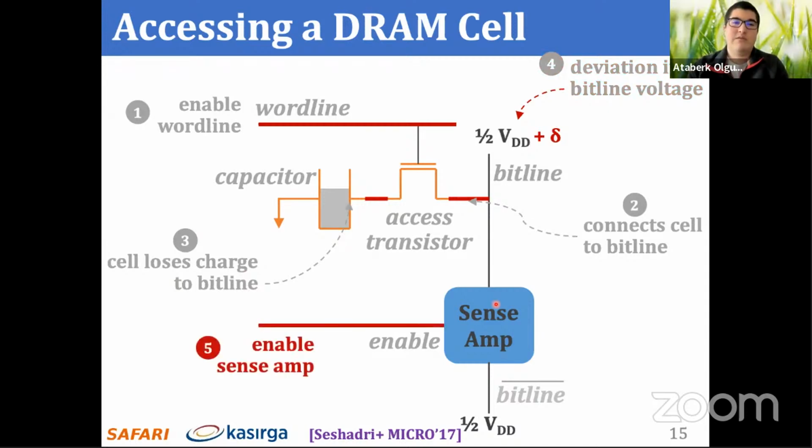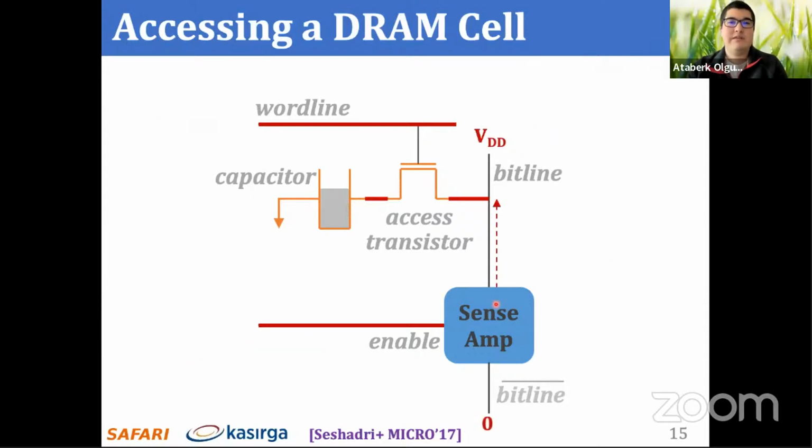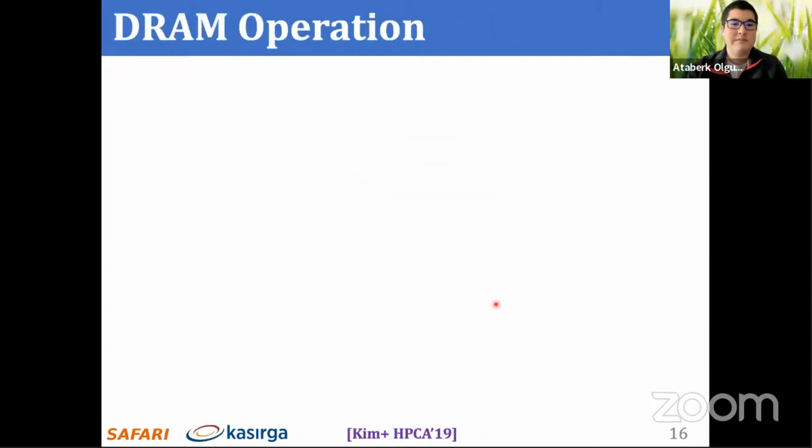When we enable the sense amplifier, it will compare the voltage levels of bit line and bit line bar and amplify the deviation until the bit line voltage reaches VDD. Since the capacitor is still connected to the bit line, the amplification process also restores charge in the capacitor.